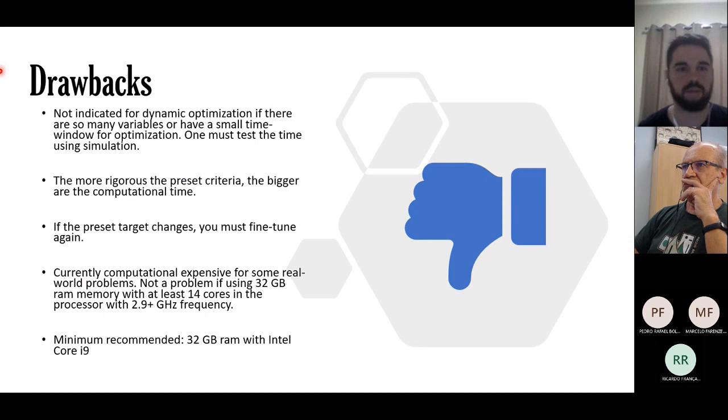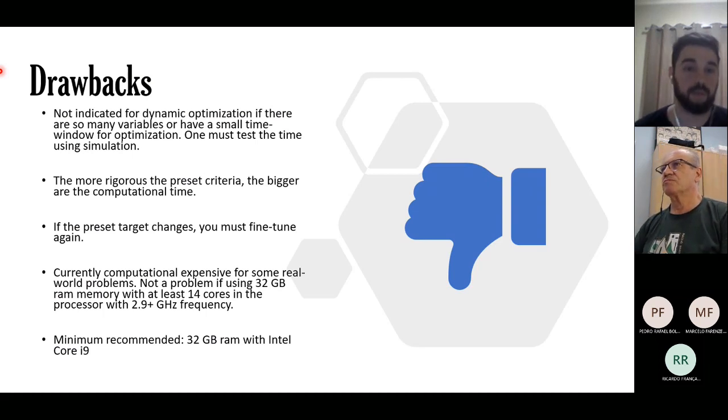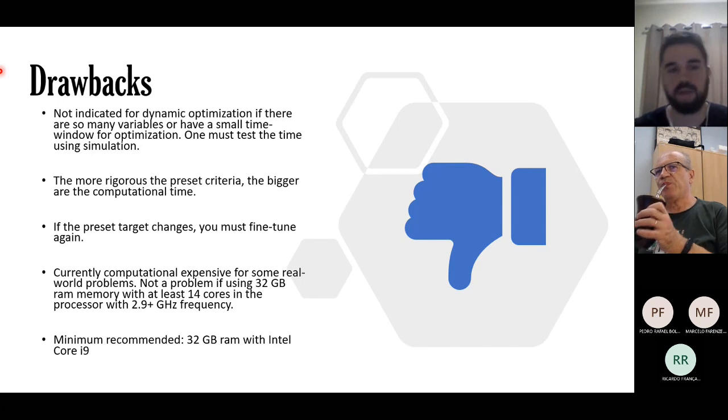Some drawbacks of the method. Not indicated for dynamic optimization if there are so many variables or a small time window for optimization. One must test the time using simulation. The more rigorous the preset criteria are, the bigger the computational time. If the preset target changes, you must fine-tune again.